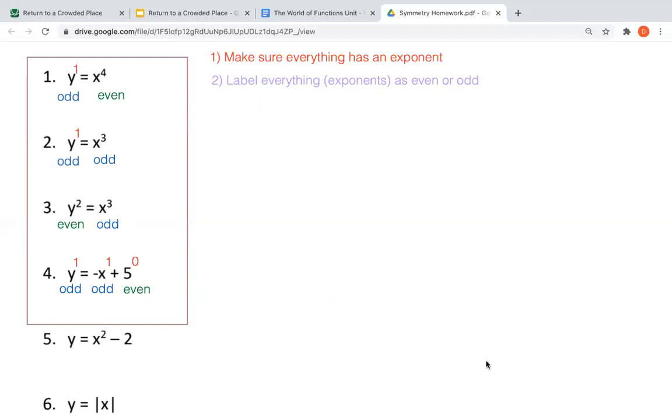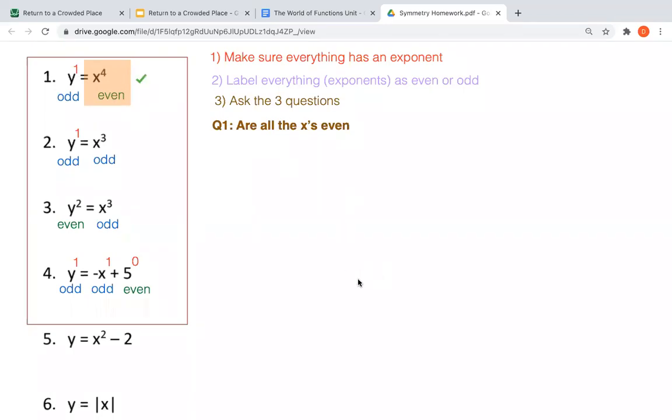And then our final piece, we ask our 3 questions. So question number 1. Are all of the x's even? I'm going to check each one. Here, my x's are even.